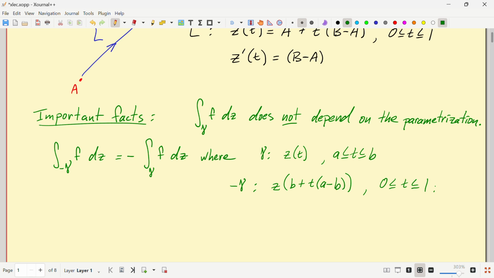A thing to note is that I didn't say it, but I should have. We assume that z prime of t is not equal to 0 on the parts of the piecewise C1 curve where it's C1.